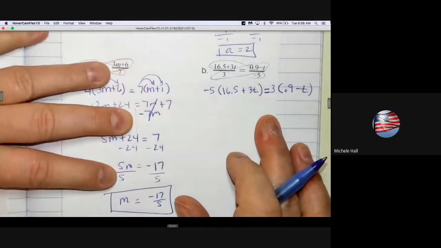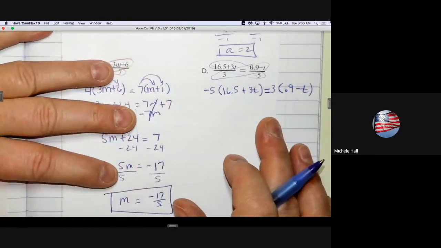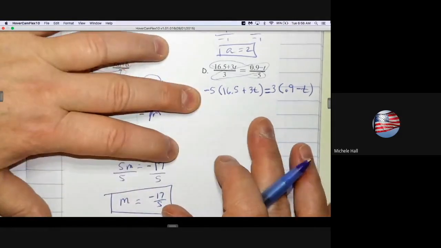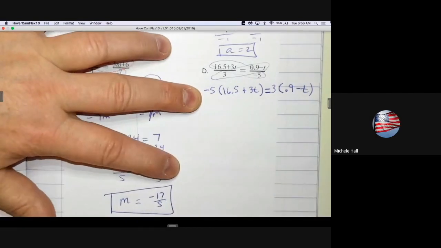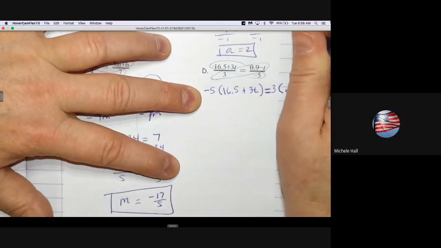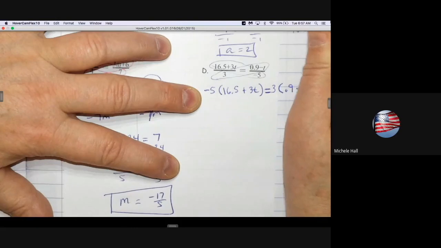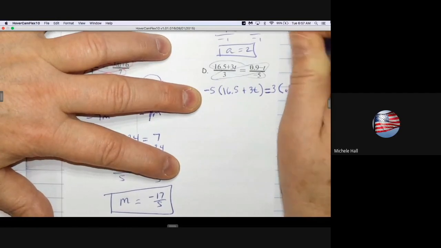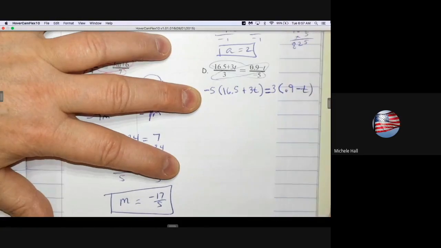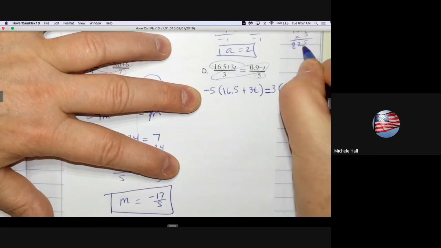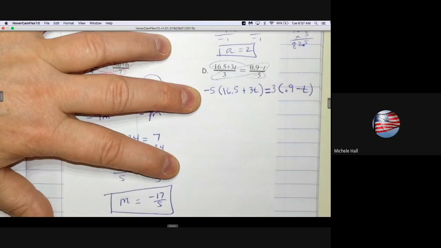All right, starting with the distributive property, 16.5 times 5 is 825 with one decimal place, 82.5.